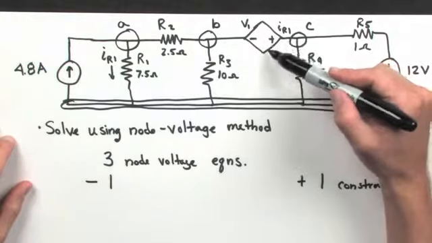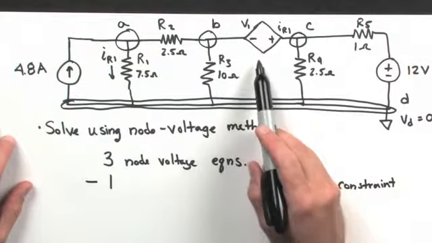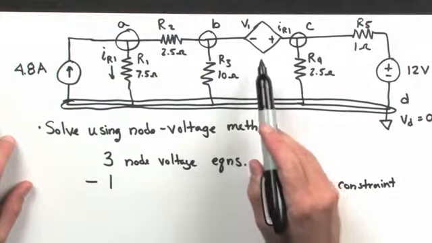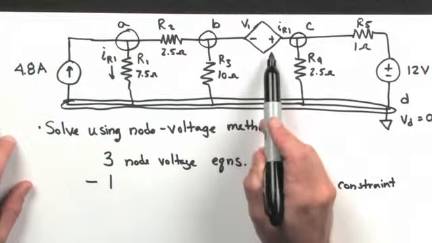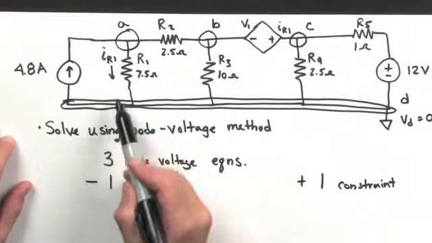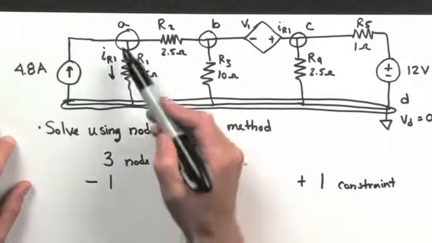The other thing that we notice is that this is not just an ordinary voltage supply. This is a dependent voltage supply that provides a potential difference that depends upon the current through resistor R1, and it's directly proportional to that current.